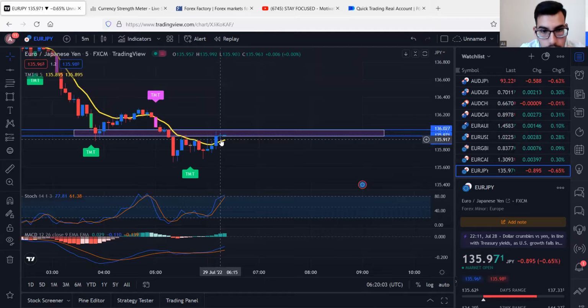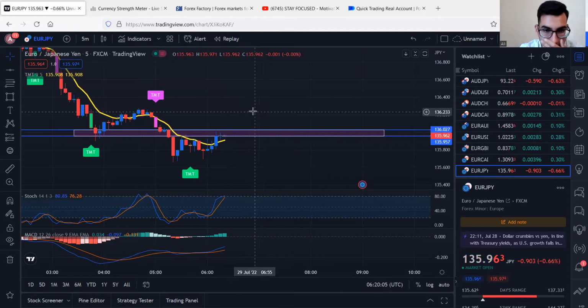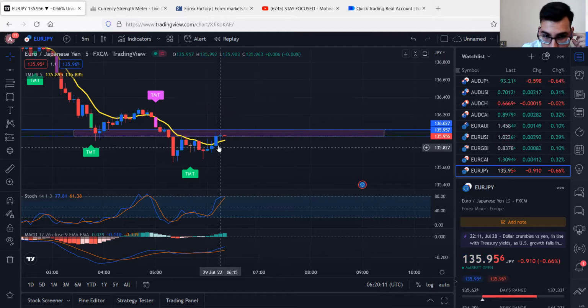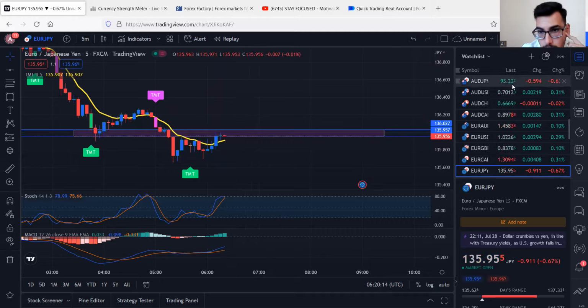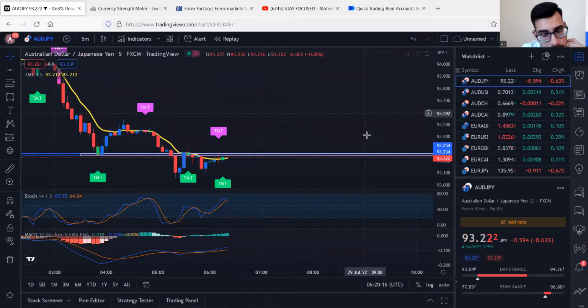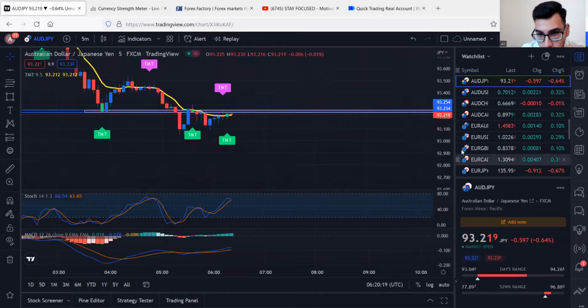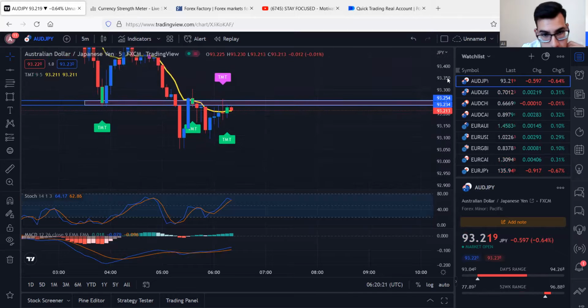It did close blue, ladies and gentlemen. So let's see what the market will do there. And I did say I would enter it if it does close blue. But it is a bit of a risky trade to take. So if you didn't take it, that's fine.